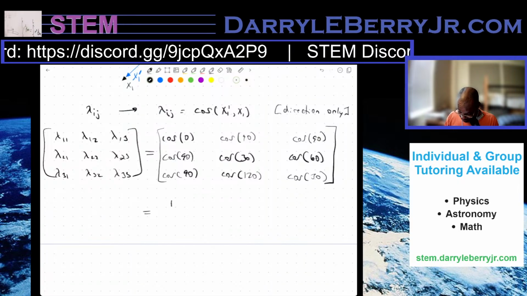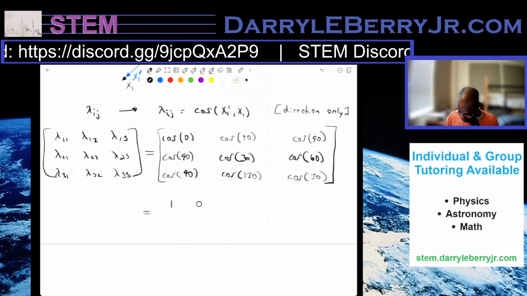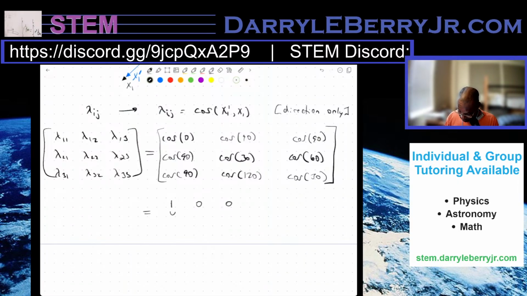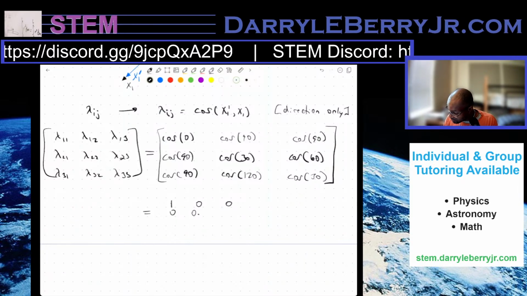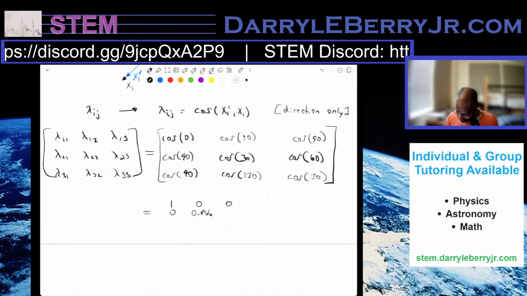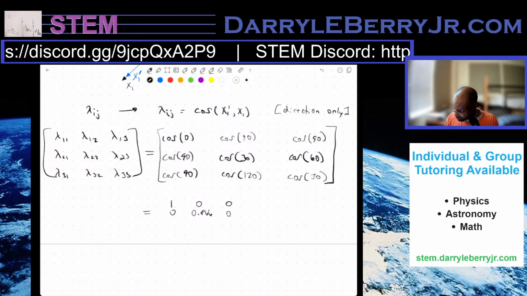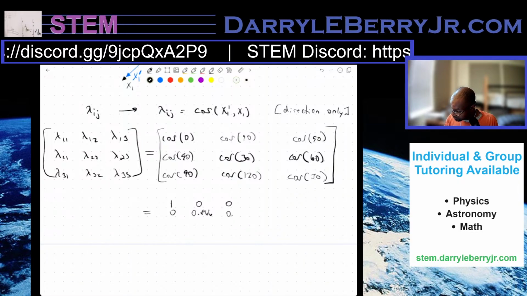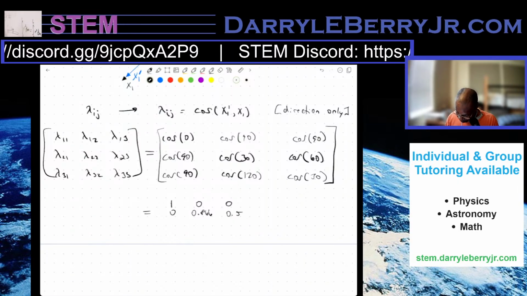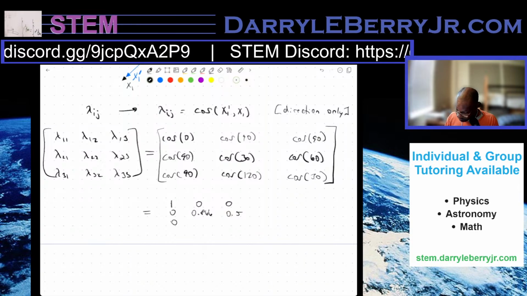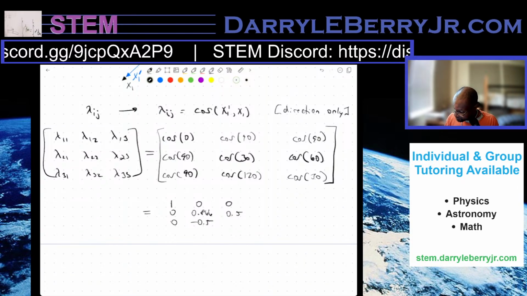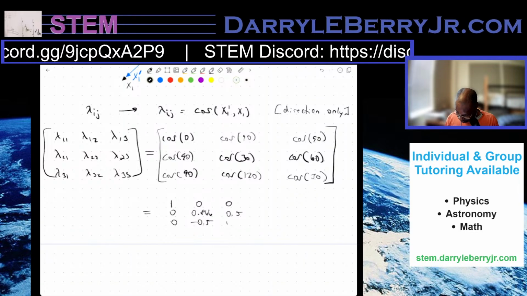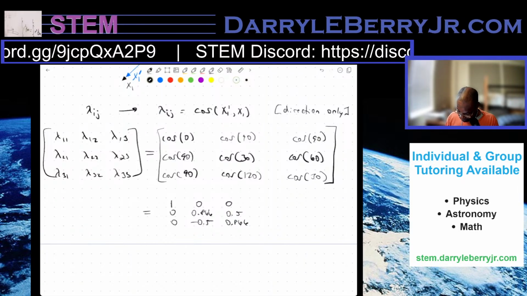So this will be 1, 0, 0, 0, 0.866, 0.5, 0, negative 0.5, and 0.866.